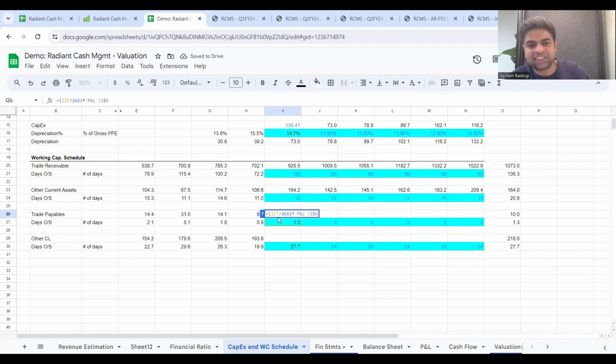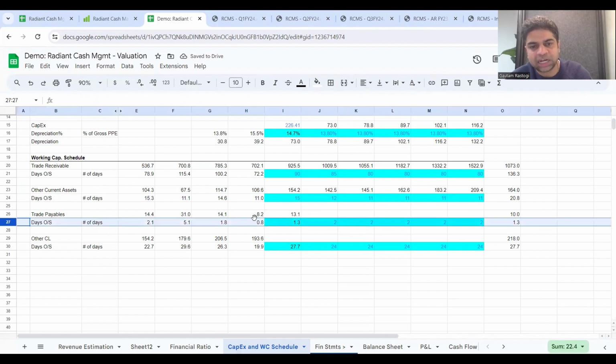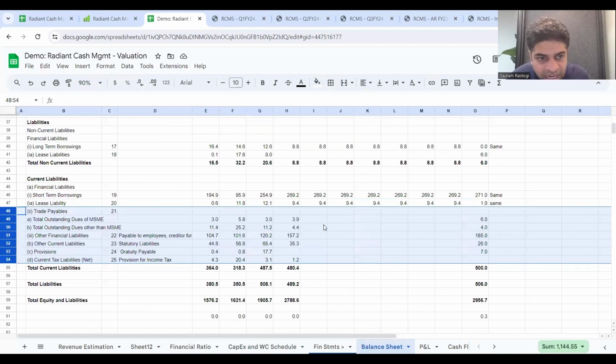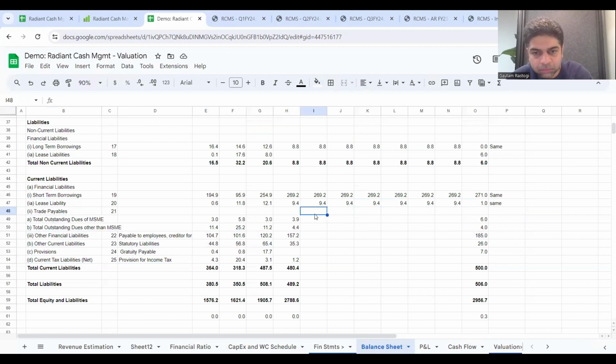I've estimated this days of payable outstanding using sales and not using COGS. तो मैं क्या कर रहा हूँ? 1.3 divided by 365 times the sales from operation. That's how I'm estimating the trade payables. And let me drag it. तो ये भी हो गया. And let me link it in the balance sheet. तो trade payables जो हमारा हो गया, मैंने दोनों को रो 49 और रो 50 कंबाइन किया हुआ है. तो let me just put it here.